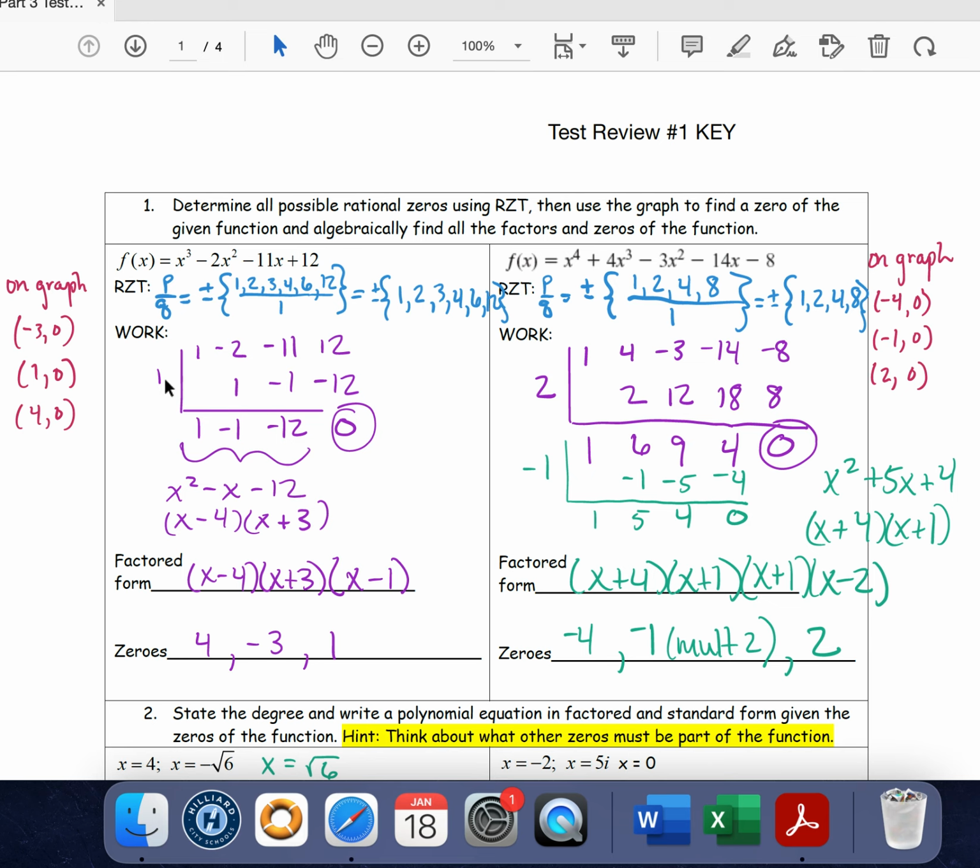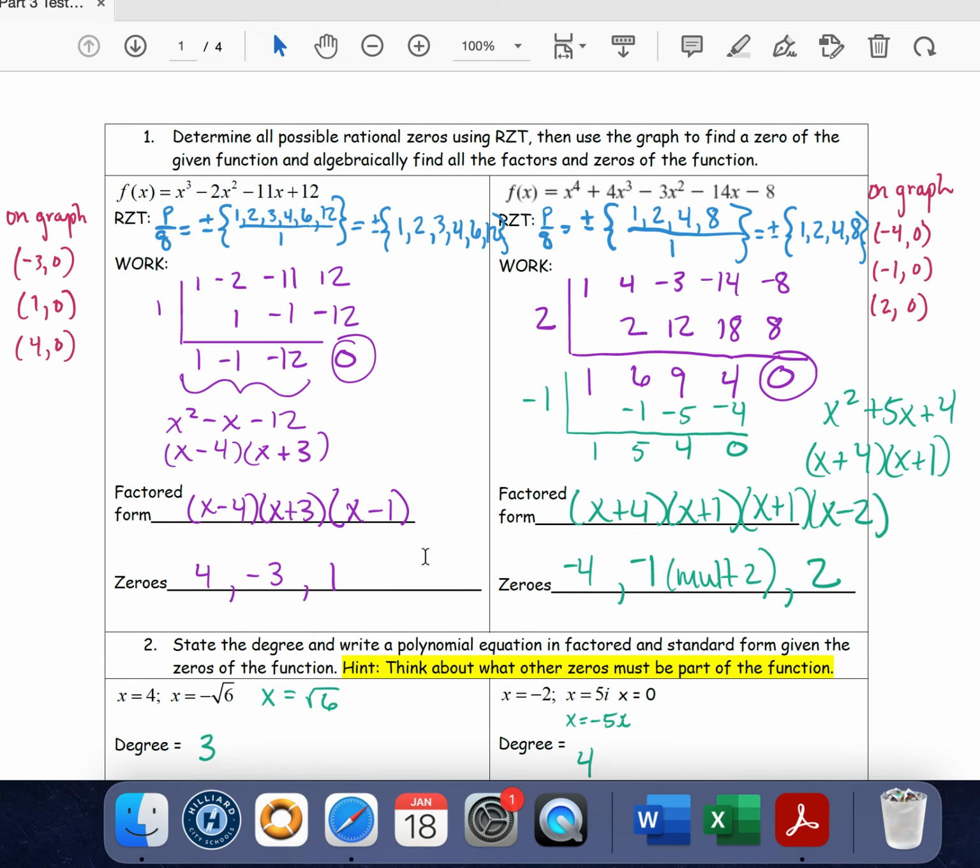And so not only do we know that x minus 1 here, we also know x minus 4, x plus 3. Thus, we know the solutions, the roots, the zeros, are 1 comma 0, negative 3 comma 0, and 4 comma 0. You can say them as coordinates, like I just said, or you could just write them like this and just give me the x values that do produce a y value of 0.